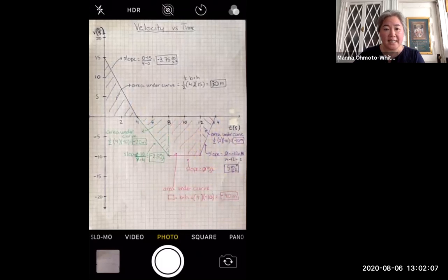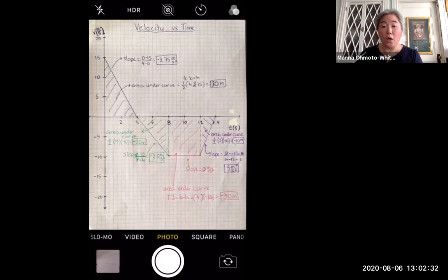The object's at a standstill. If my line is moving away from the x-axis, like it is in the green portion in the second part, my object is speeding up. And if it has a horizontal line, then my object has a constant velocity. It's not standing still necessarily, it just has a constant velocity.